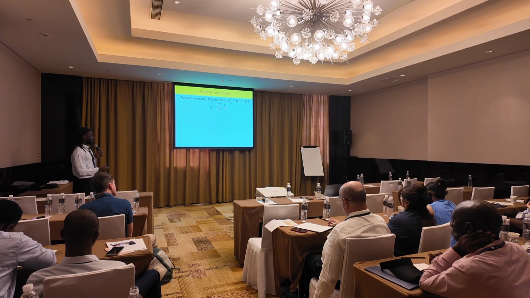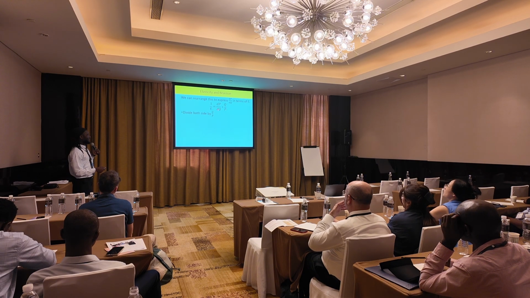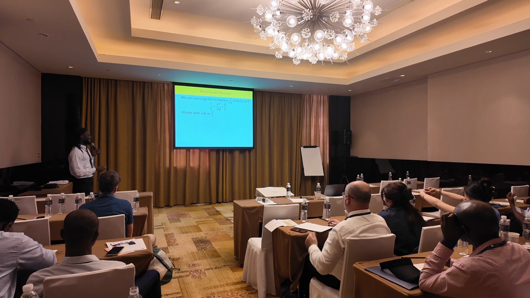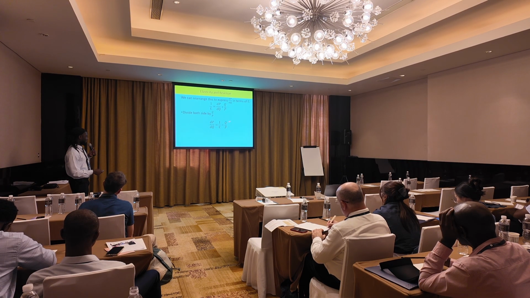Then we have Q over P. Now we divide both sides by Q over P, because we want to find dP over dQ. So we have dP over dQ equal to 1 over epsilon, the elasticity, divided by Q over P.